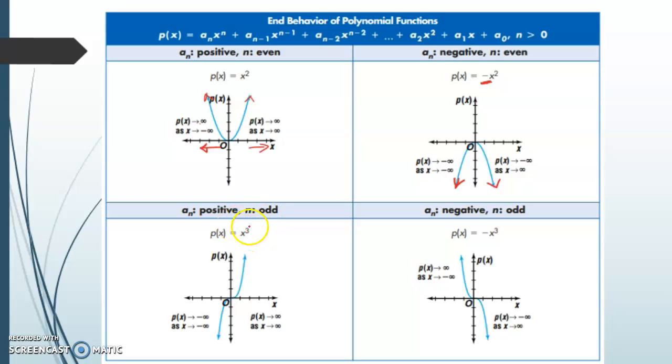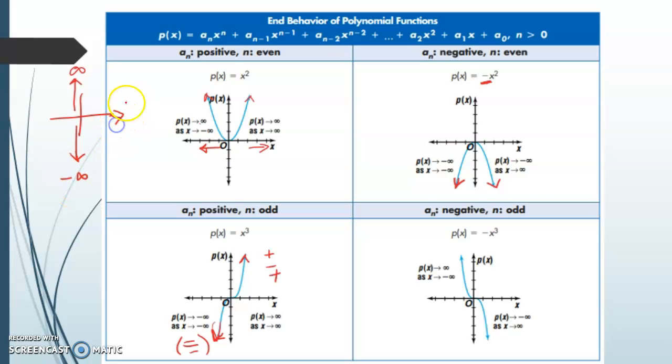So right here, we've got x cubed, and you've got an a out front, which is positive, just like I just finished telling you. You've got positive over positive, makes that positive. Negative over negative makes that positive. So P of x is going to negative infinity as x is going to negative infinity. So every time you're looking at this, for y this is positive infinity, this is negative infinity.